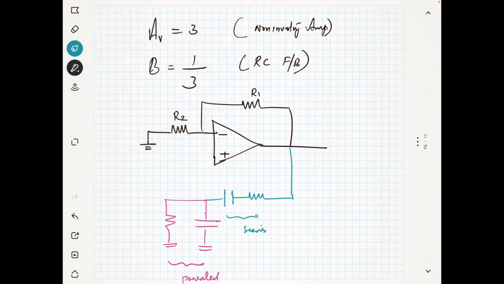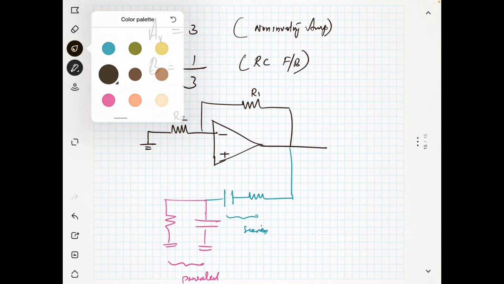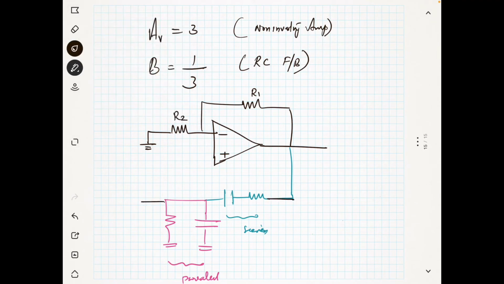This kind of circuit you have already seen in automatic control, and this is actually a lead lag network. A lead network has a high pass behavior, and a lag network has a low pass behavior.